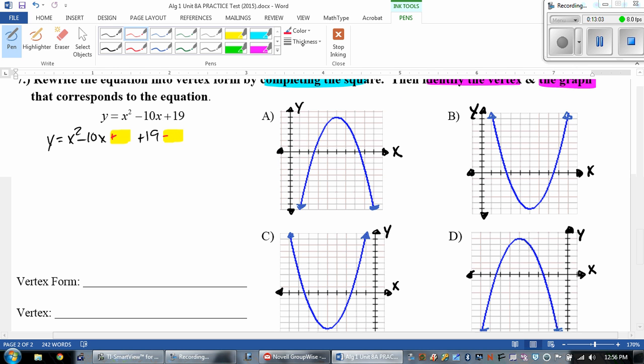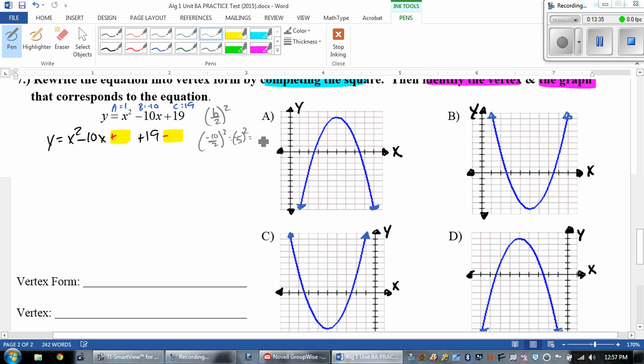Well, what do we have to add and subtract? Well, this is where we do b divided by 2 squared. Well, what's b? Oh, we forgot to label everything. A is 1, b is -10, and c is 19. So -10 divided by 2 squared. -10 divided by 2 is -5.